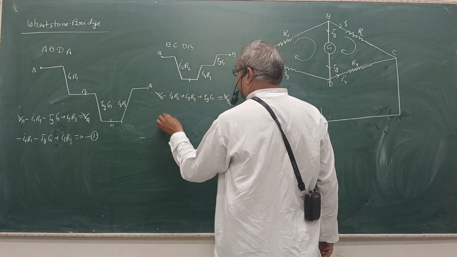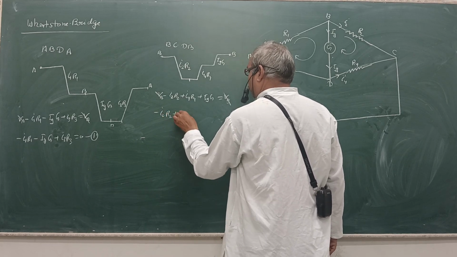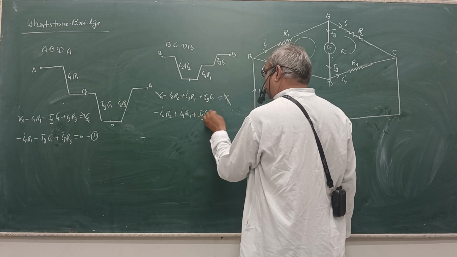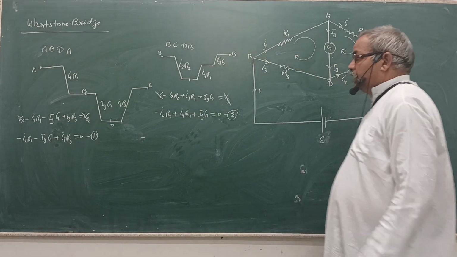VB cancels, so minus I2 R2 plus I4 R4 plus IG into G is equal to 0. This is the second equation.